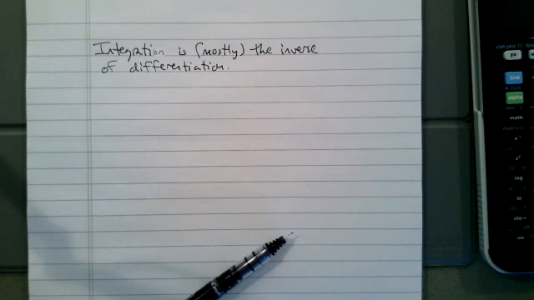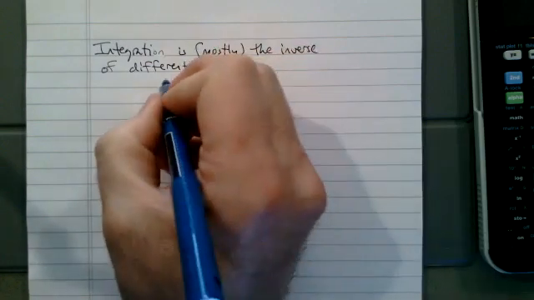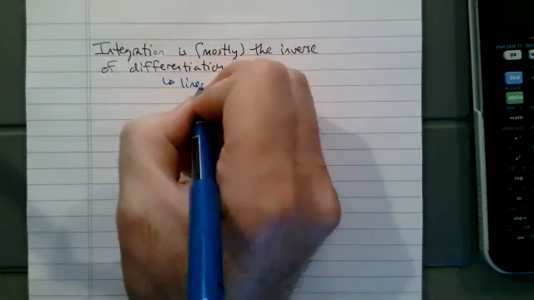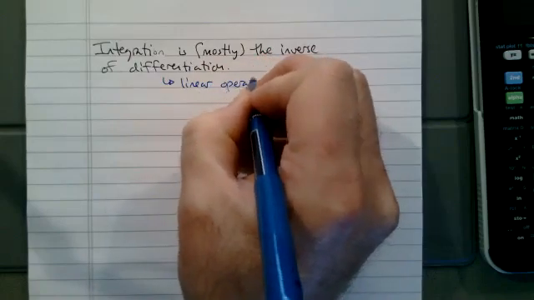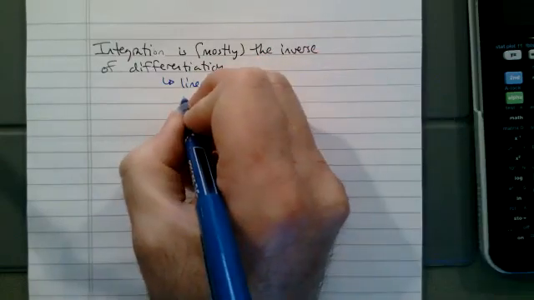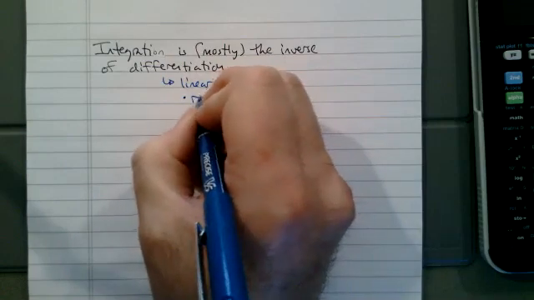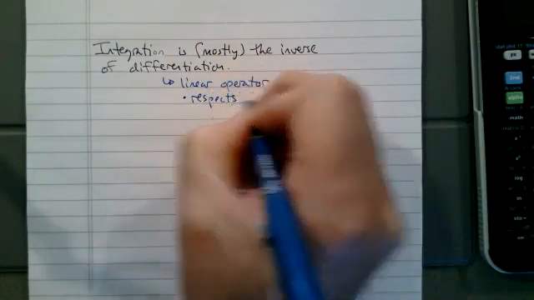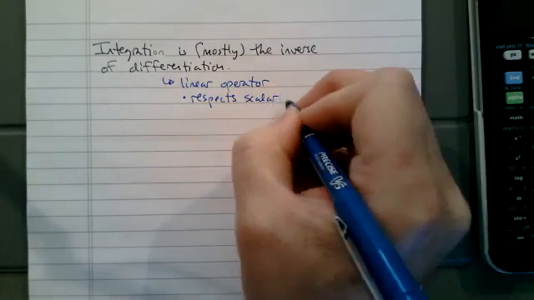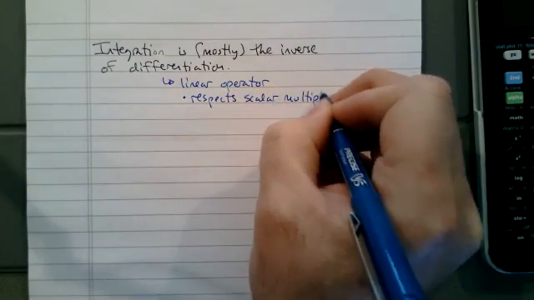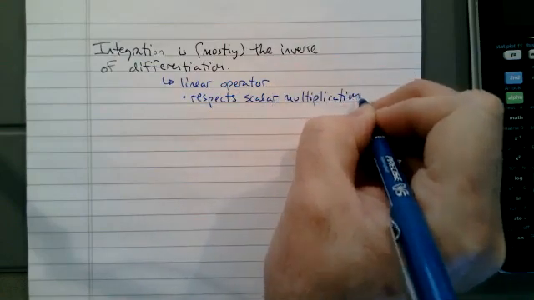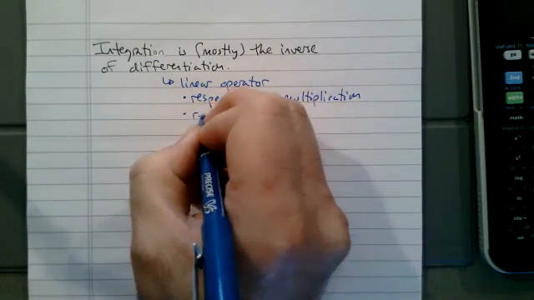What that means is that since differentiation is a linear operator, integration is also a linear operator. Differentiation is a linear operator, which means it respects scalar multiplication and it also respects addition.